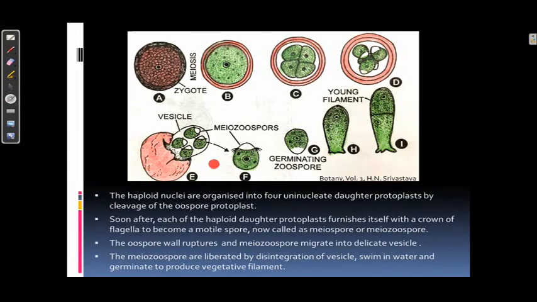The oogonial wall ruptures and all these 4 meiozoospores come out in a vesicle.